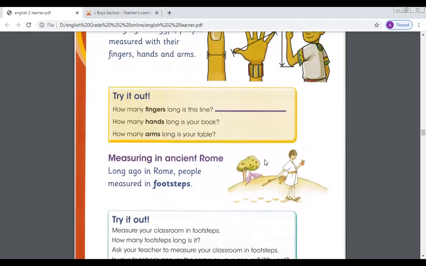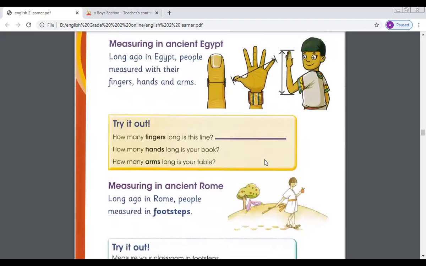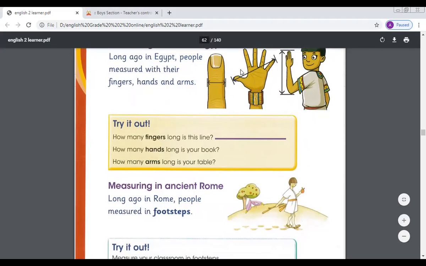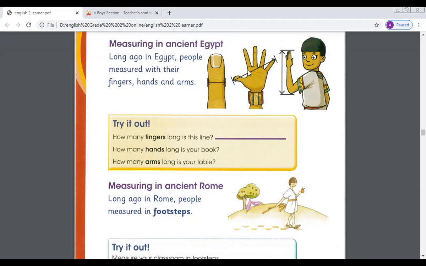If we want to measure the length of small things, we use these three methods. But if we want to measure a long and big object or space, for example from one room to another room, then we use footsteps. Footsteps like this, from here to here, one, two, three, four, five, six.